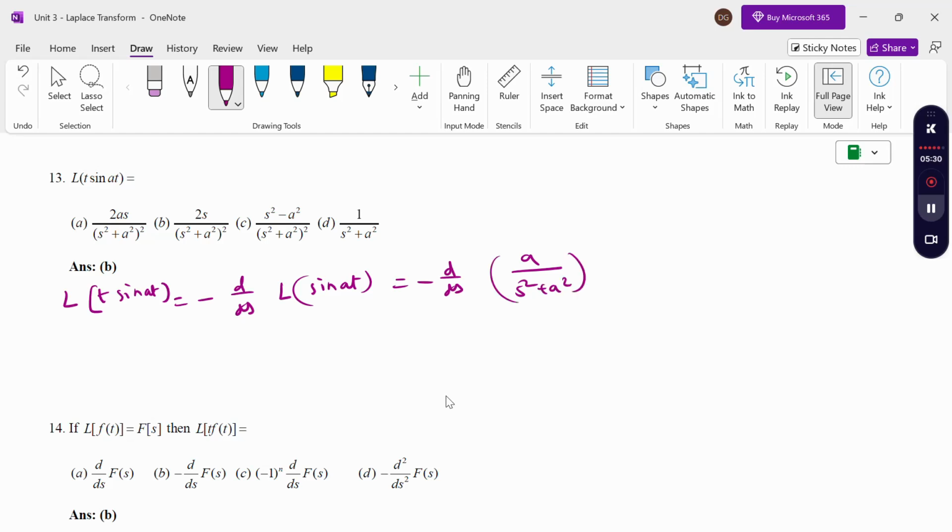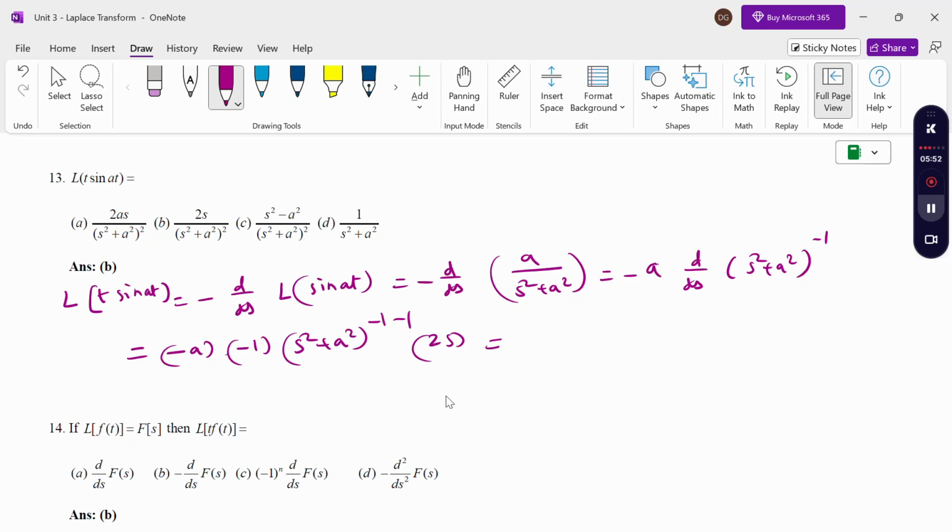When I differentiate this, using the n x power n minus 1 rule with 2s, minus minus becomes plus, so 2as by (s square plus a square) whole square. This is option A.